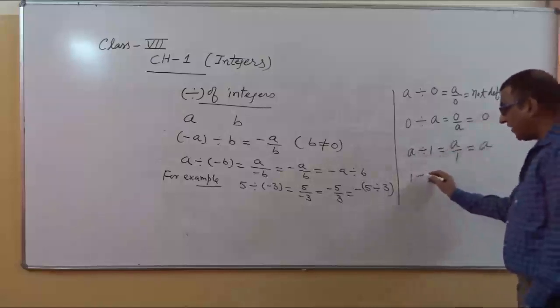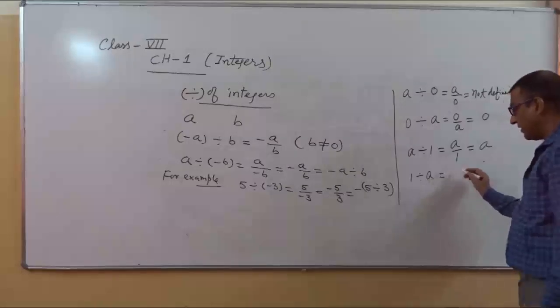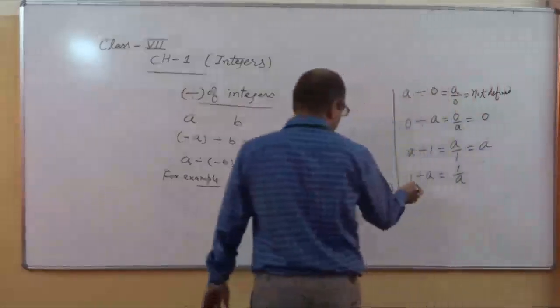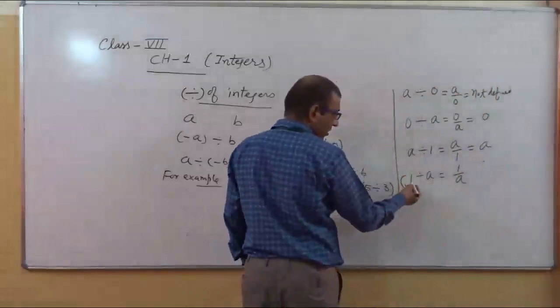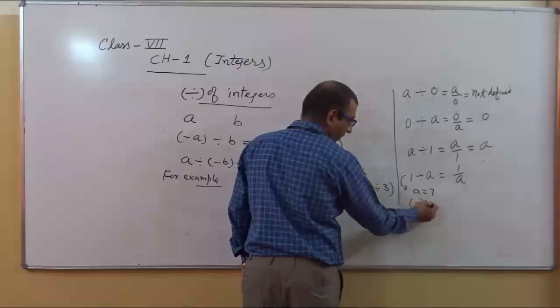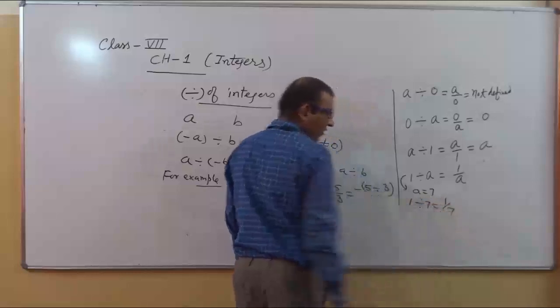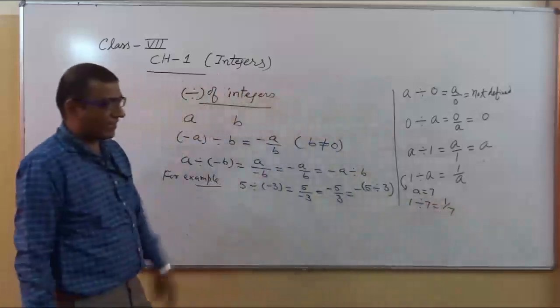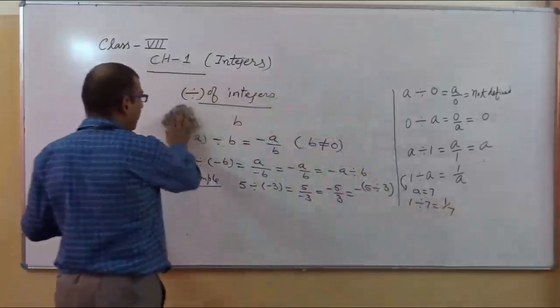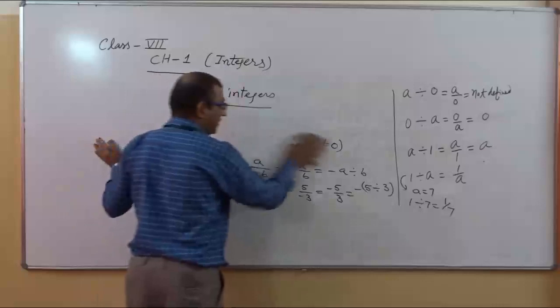But if we divide 1 by a, where a is an integer, it can be written as 1 upon a. For example, if you put a equals 7, then 1 divided by 7 can be written as 1 upon 7. So there are so many examples related with division.